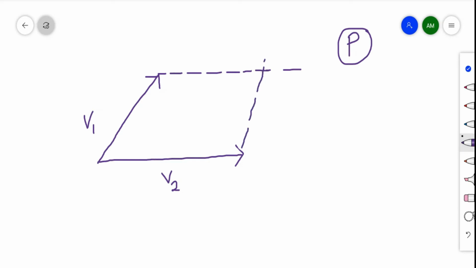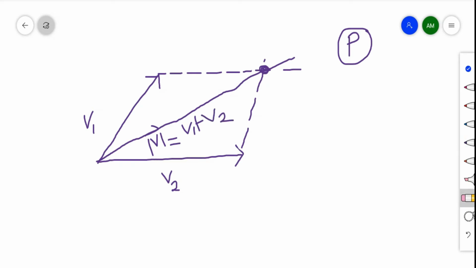And you then have an intersection point with the two imaginary lines, and what you do is construct a diagonal from the tails of the two vectors to the intersection point of the imaginary lines. And we saw that this diagonal would be equal to the resultant or the sum of these two vectors. So that's the parallelogram method.